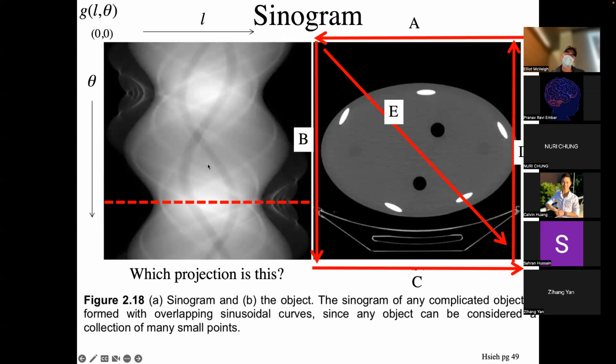So can we determine this? Let's put some coordinates down. L is in this direction. We'll say small to big arrow. Theta is in this direction, and we'll start at theta 0 here.